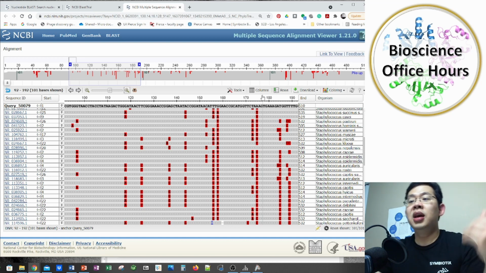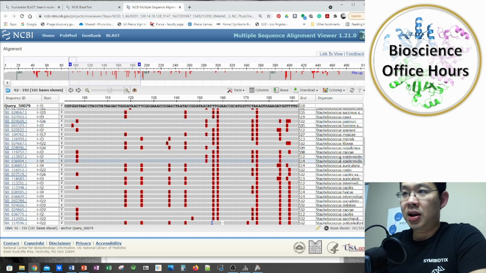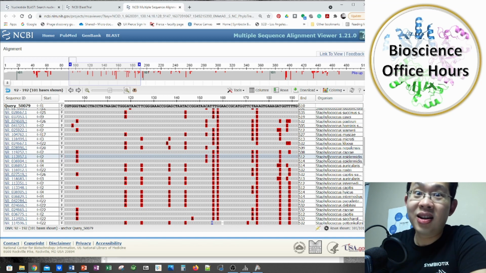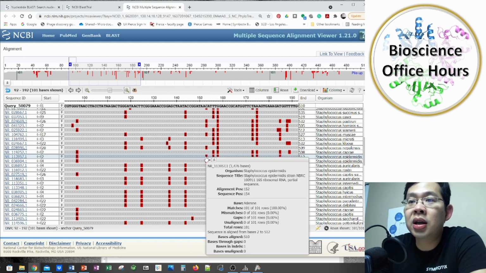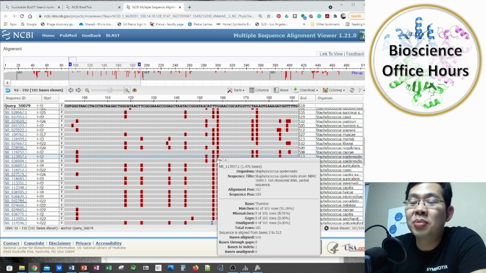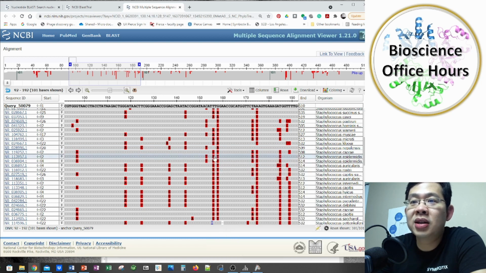But when you start seeing multiple mutations right here, for example with Staphylococcus epidermidis, which is what we thought our organism is, you see there are three stretches of mismatch right here. The T over here is mismatched, the A is mismatched, the T over here is mismatched, the A and T over here are also mismatched.